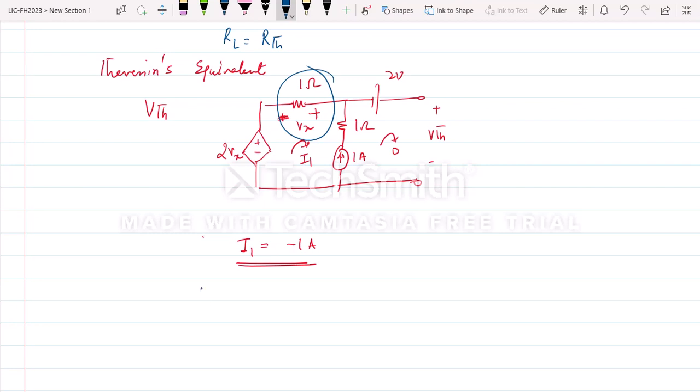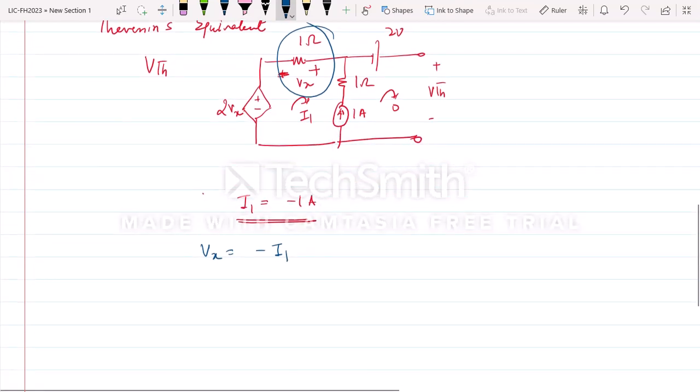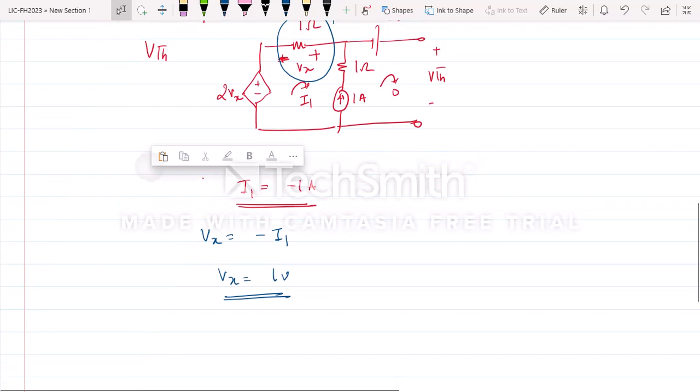So we can write here Vx equals minus I1. What is Vx here? Vx will be equal to 1 volt. So when Vx is 1 volt, now we can apply the KVL in the outer loop.